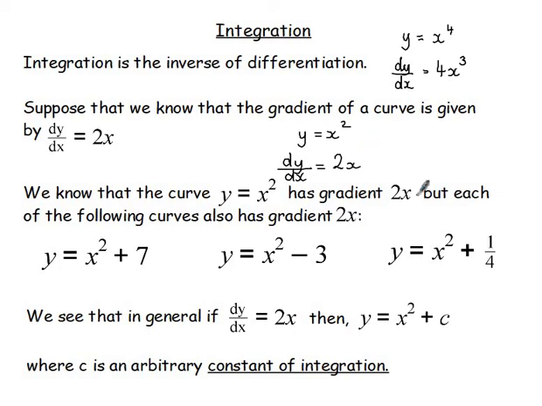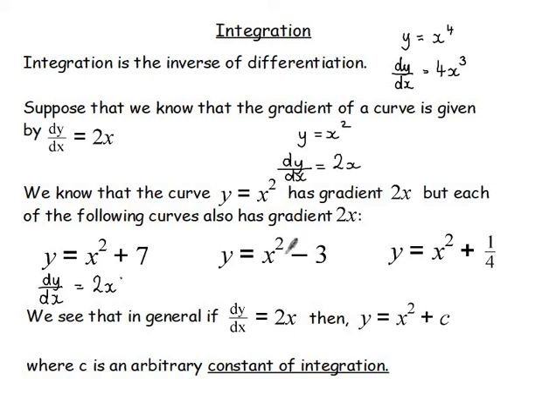But each of the following curves also have a gradient of 2x. For example, if we differentiated this one, dy by dx, we know x squared would become 2x, the 2 would come down in front, 2 take away 1 is 1, we just don't write the 1. And remember, if you've got a plus 7, when you differentiate that, it disappears.